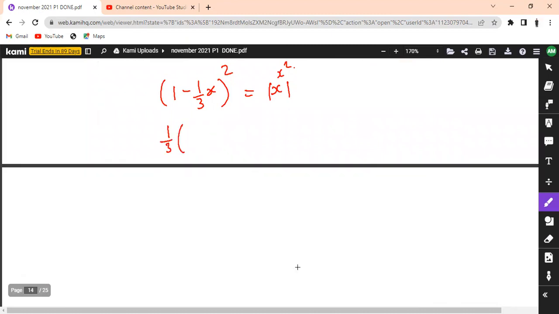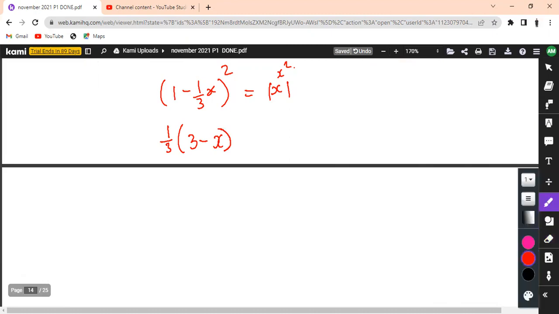If I factor out a third, it's going to be 1 divided by a third, which is 3, minus x, all inside the bracket. The bracket is outside of this and affects everything, because we have factored out a third. So this 2, the square, is going to be affected like that, which is equal to x squared.